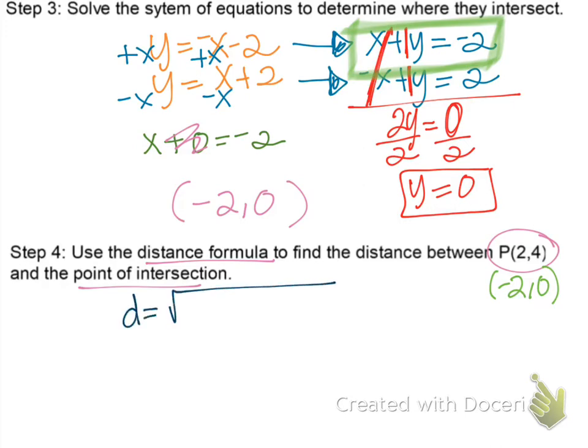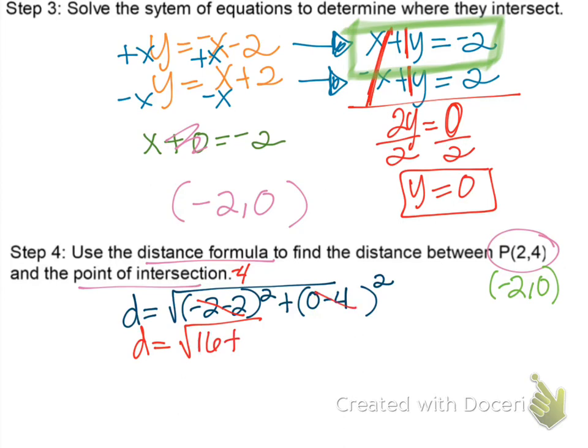Distance equals, I'm going to subtract my x values, so that'll be -2 minus 2 squared, plus I'm going to subtract my y values, so it'd be 0 minus 4 squared. Now I'm just going to simplify this. -2 minus 2, that's -4. And if I square -4, that's 16.